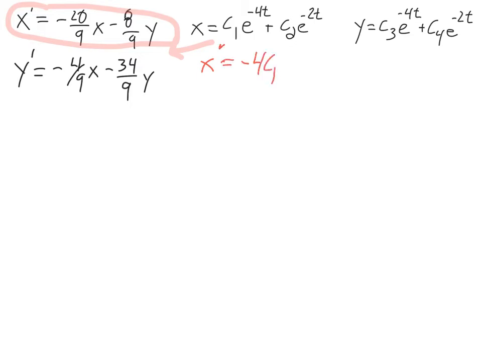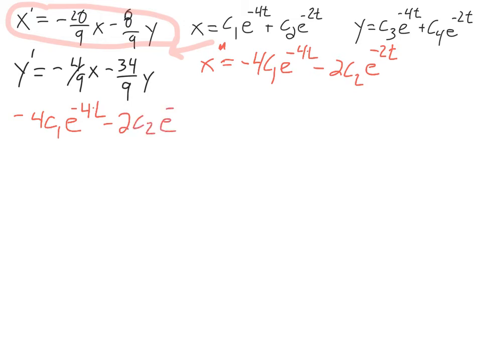That would be minus 4 C1 e to the minus 4t minus 2 C2 e to the minus 2t. And therefore, using the equation that's circled in red, on the left side we would have minus 4 C1 e to the minus 4t minus 2 C2 e to the minus 2t.